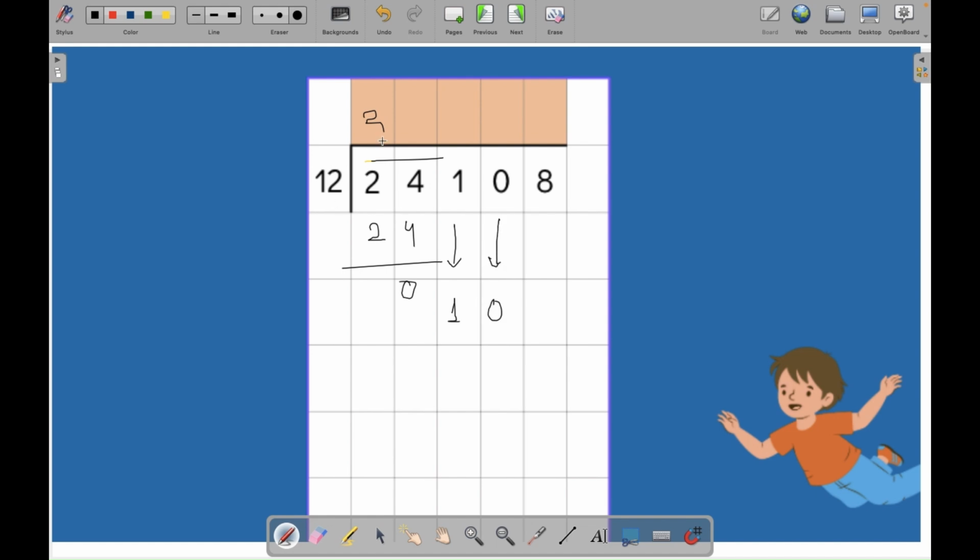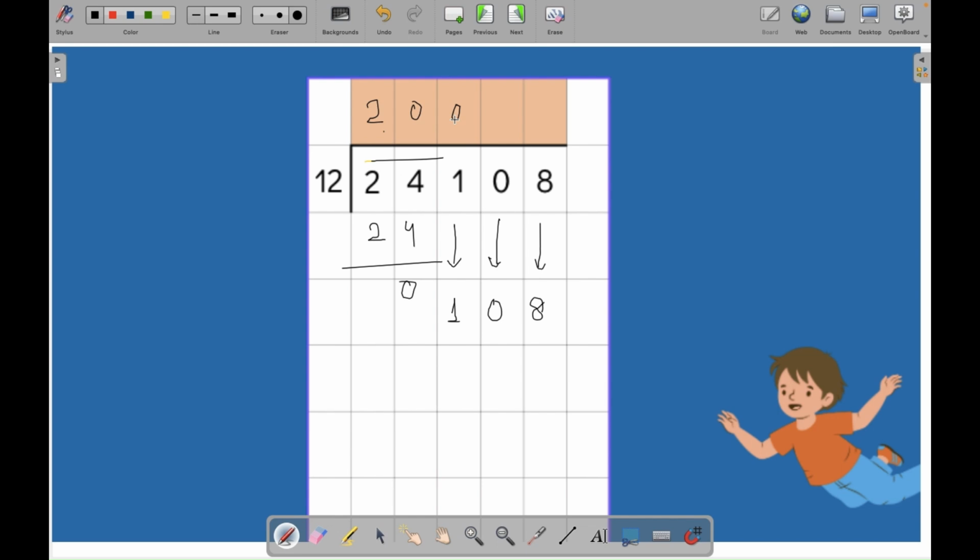When I bring this 0 down, I have to add a 0, because I have taken 2 consecutive numbers down. But still it is coming out to be less than 12, so we bring this number down as well, and then add one more 0.